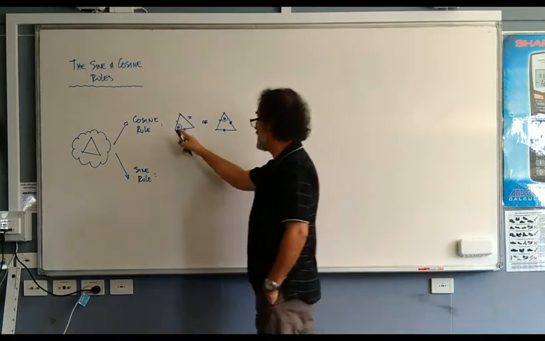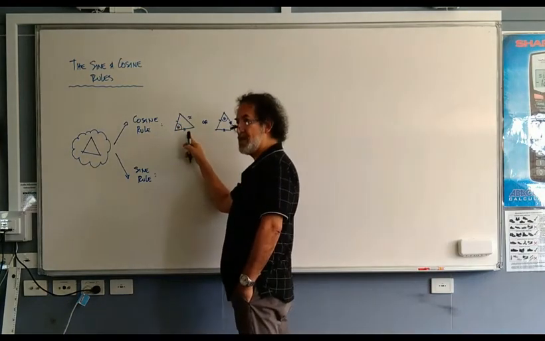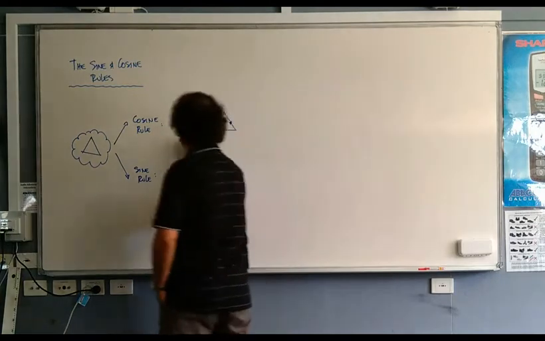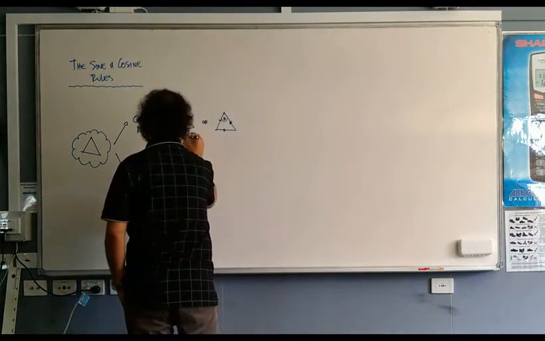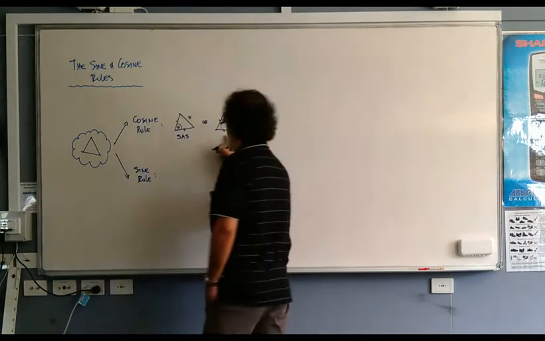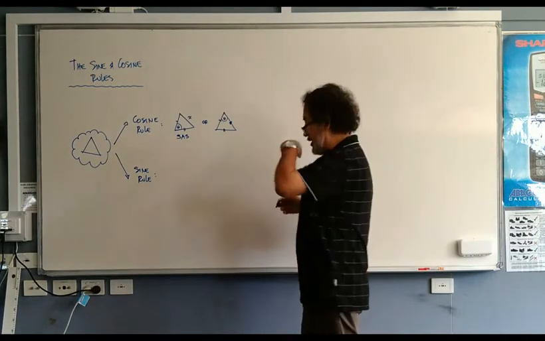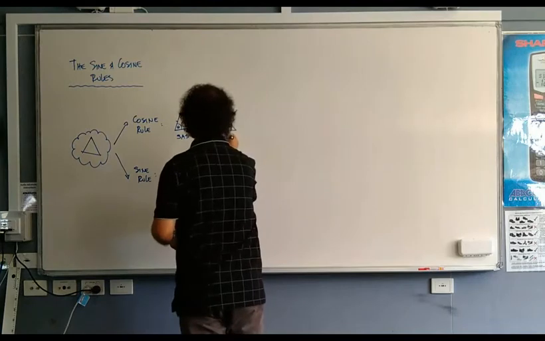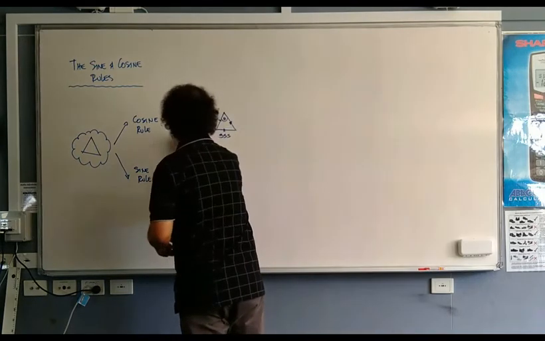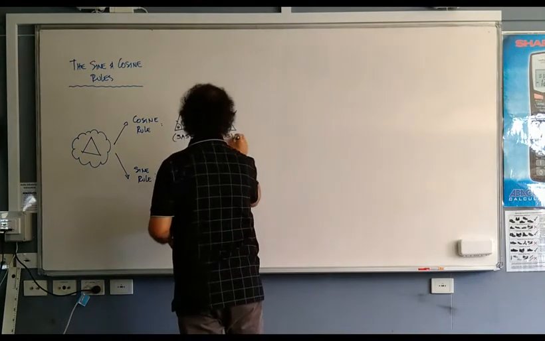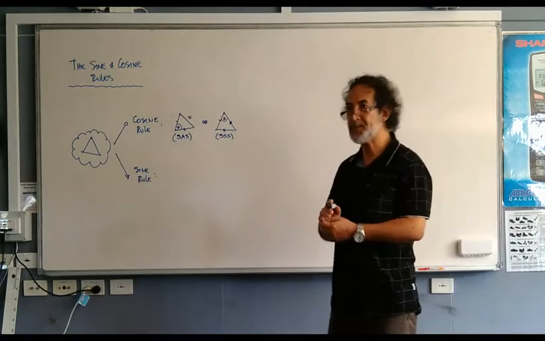We're going to call the first case SAS, side angle side. And the other one is SSS, because all sides are given, and then you're going to have to find the angle. So we go SAS, and we go SSS. Got that?